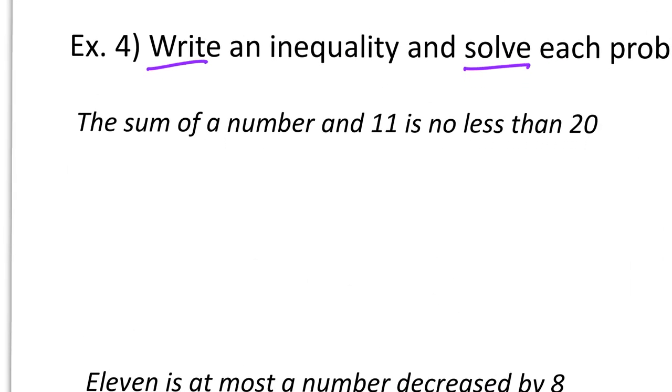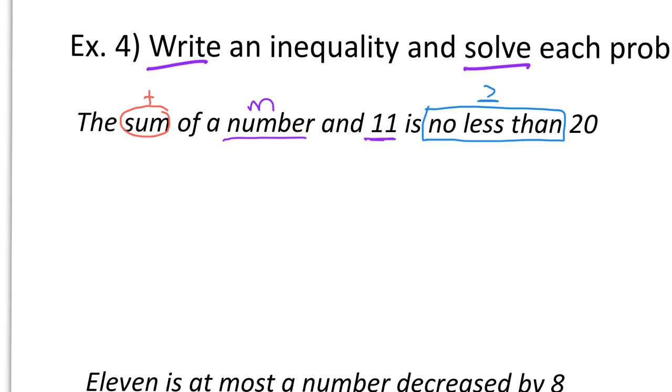It says here, the sum of a number. We know that we have the sum, so that's going to be adding, and a number, so I'm going to use m for the number. So the sum of a number m and 11 is no less than 20. Those keywords, no less than, mean greater than or equal to.